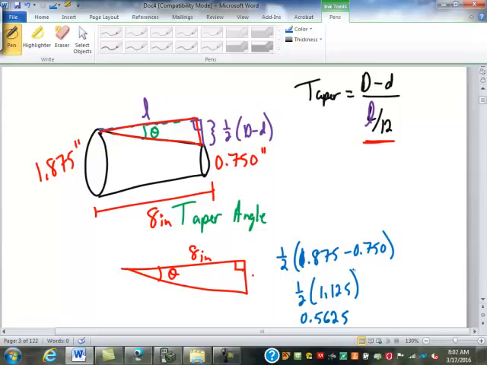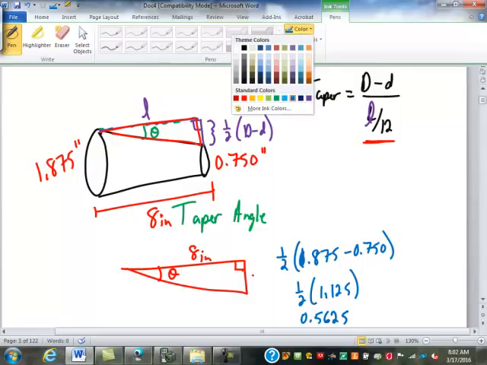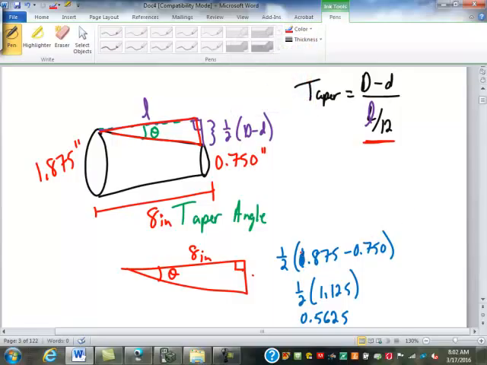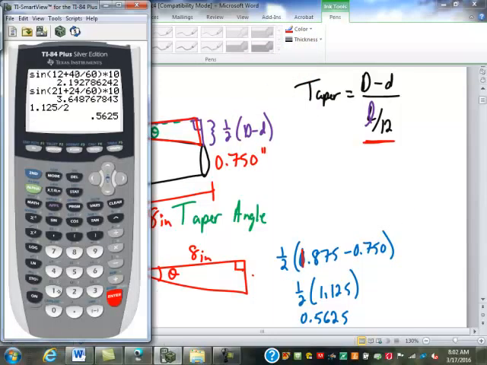You get confused, Richard? Why, at that point, did I get 1.5 instead of 1.65? So you're putting in 0.5 times, parentheses, 1.875 minus 0.75. So you punch something in wrong. Times it by half.